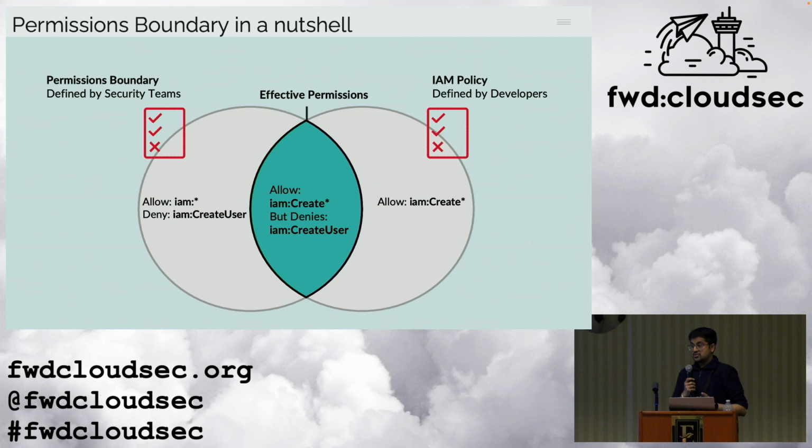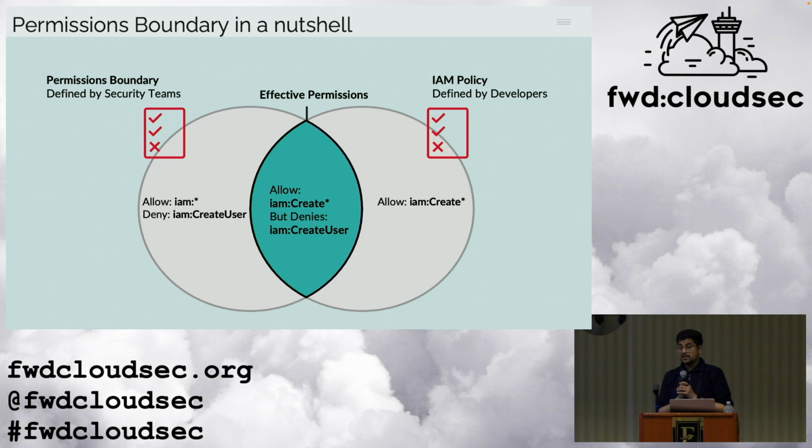So what's a permission boundary in a nutshell? On the left, you see there's a single boundary that's defined by the security team, which is saying allow IAM asterisk, but deny IAM CreateUser, because we really don't want IAM users in our environment. We want IAM roles. Then the developer comes up with an IAM policy that says IAM Create asterisk.